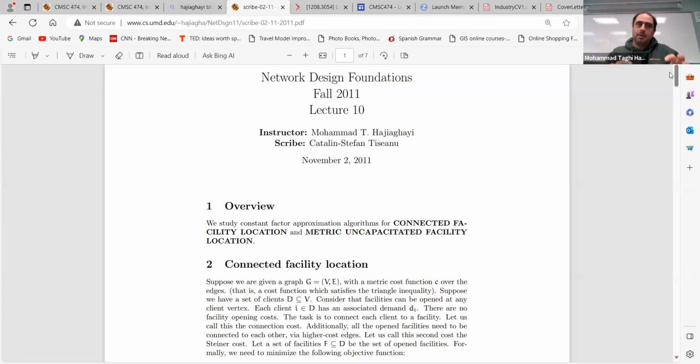So I will talk about connected facility location, and there are nice algorithms there, and then I will talk some more about these Steiner tree problems.